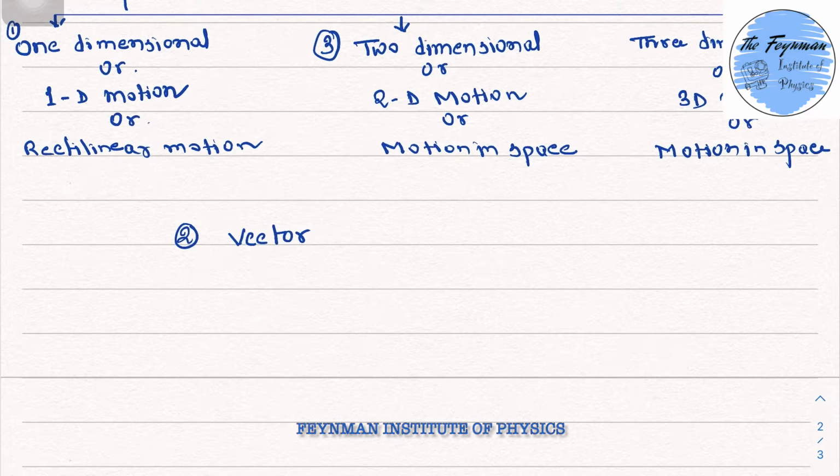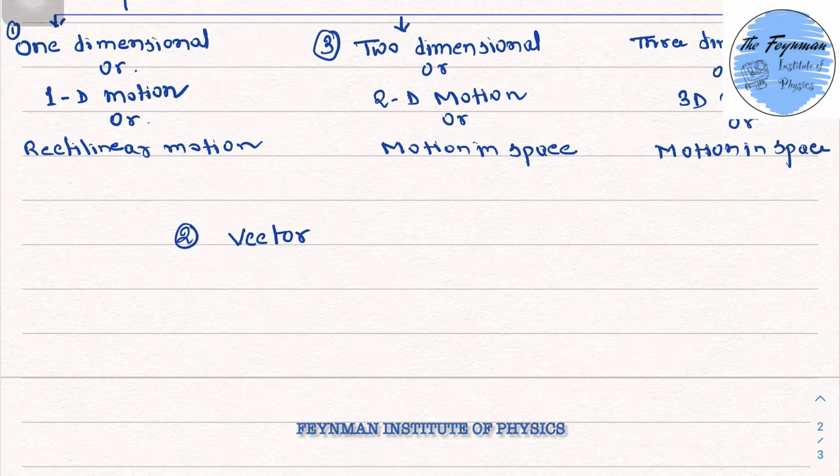So if we consider one direction to be positive, then the other will be negative. However, when we are discussing two or three dimensional motion, we need a special kind of math for handling the direction in which the particle is moving, and that is a vector. Hence we will have vector as our second chapter and two-dimensional motion as our third chapter.